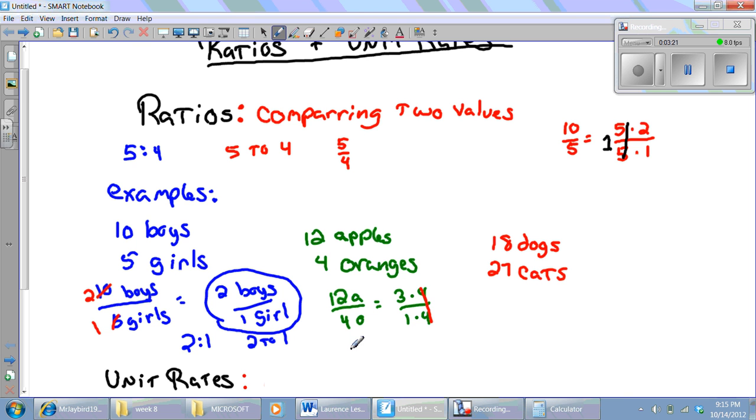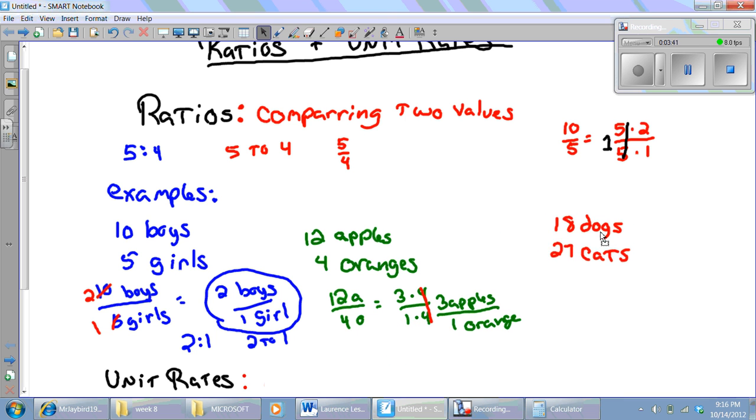So my ratio of apples to oranges is 3 apples for every 1 orange. Again, there are different ways to write it, but that's how I like to do it.